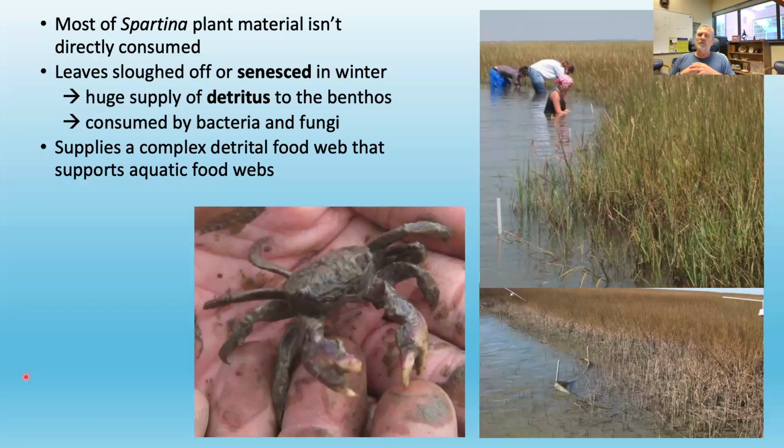But the amount of Spartina that's consumed after it has senesced and the leaves have sloughed off into the water during the winter, which supplies a huge amount of detritus into the sediments that are utilized by benthic organisms, including bacteria and fungi, is in terms of sheer amount by far greater than the amount that is actually consumed directly on the live plants.